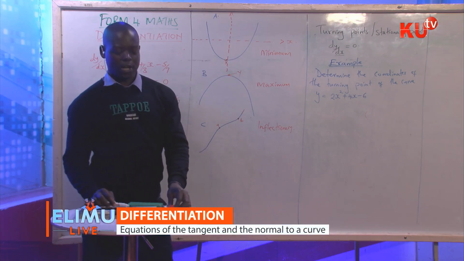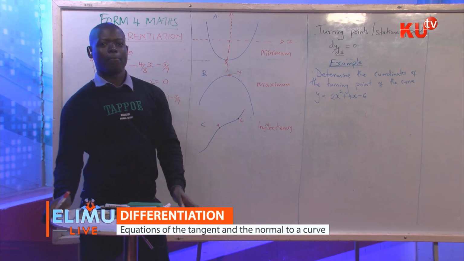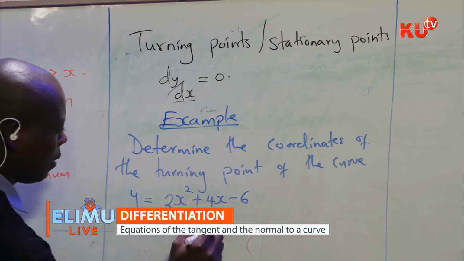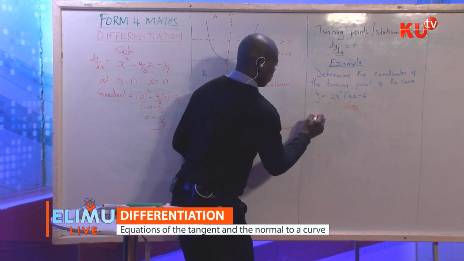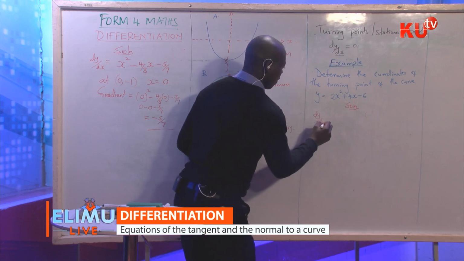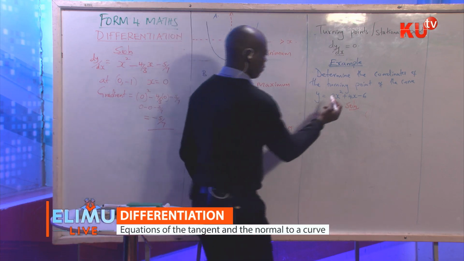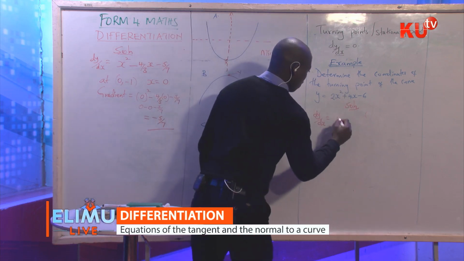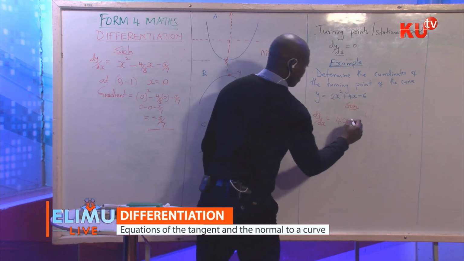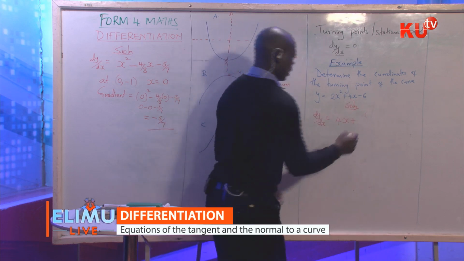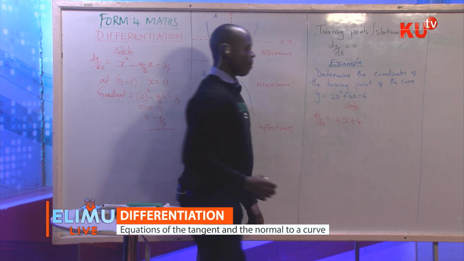Students, where do we start from? Yes, the first thing to do is to differentiate. Good. So help us differentiate this curve. What's the dy dx? Yes, it will be 2 times 2, that is 4x, then plus the derivative of 4x, which is 4.